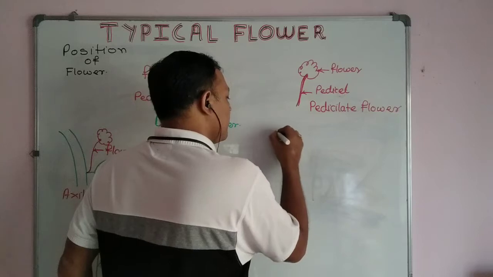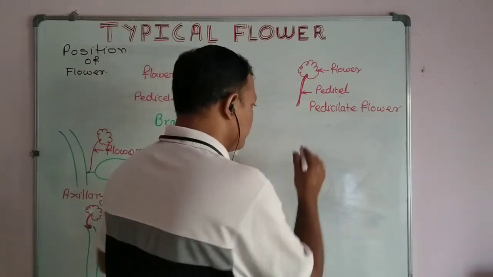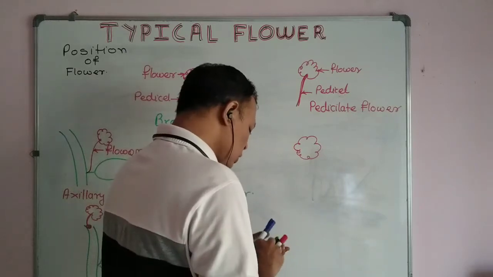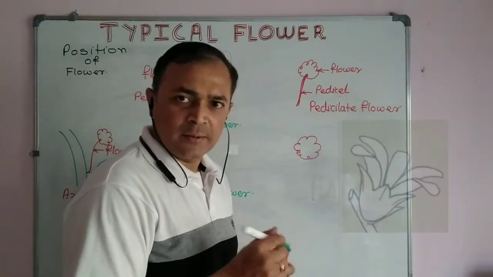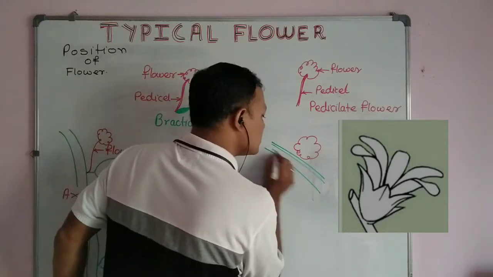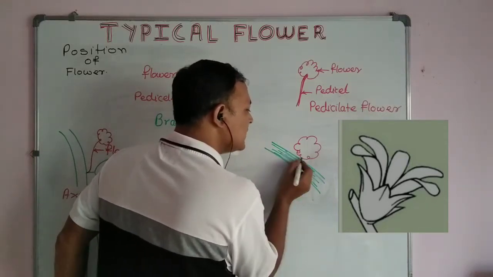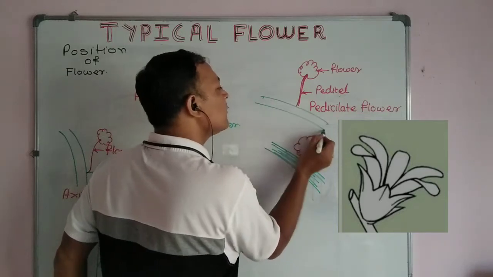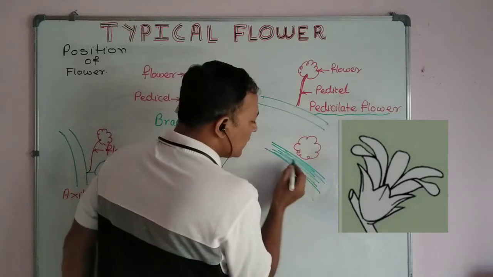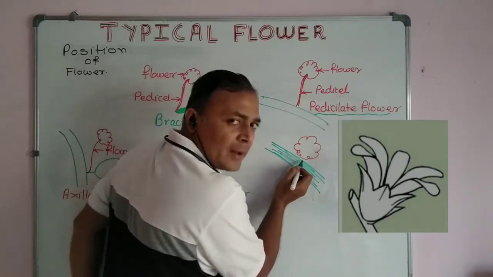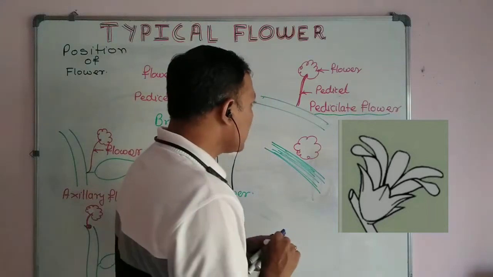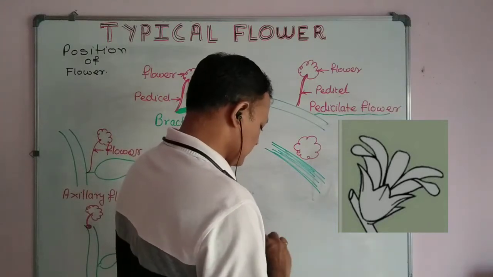And suppose this is a flower, and it is growing without a pedicel; you can imagine this is a stem. This is all stem. Pedicel is absent. Now this is a stem, this was a pedicel, that is a flower, so pedicellate flower, but here the pedicel is absent. Such a flower is called a sessile flower.